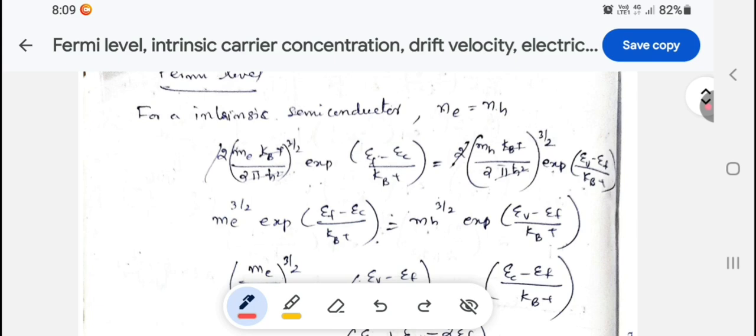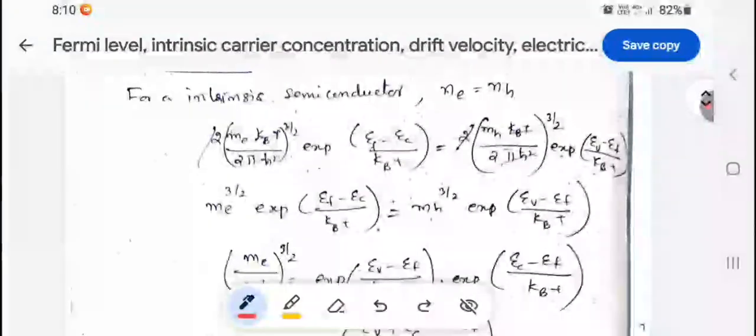For an intrinsic or pure semiconductor, both the carriers are equal in density. So we can equate these two. In the previous section, we had derived the equation for Ne and NH.